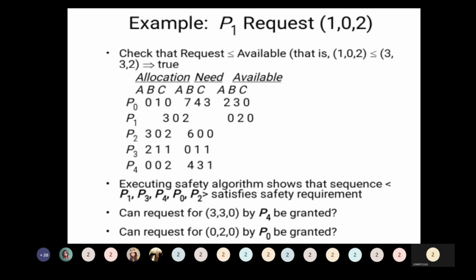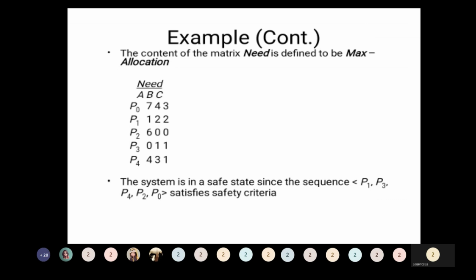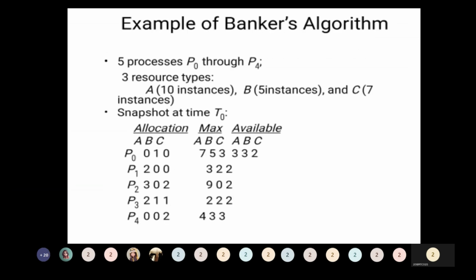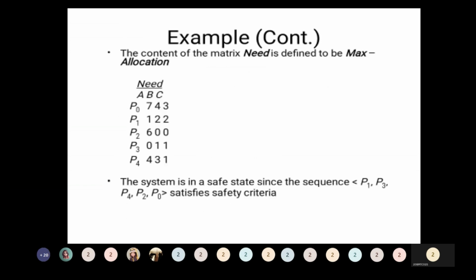Now you have to check whether the request is less than or equal to available. Only then can you allocate. If it is greater, then P1 has to wait. So I am first checking request less than or equal to available. What is the availability after the current scenario? 3 3 2 is the available.